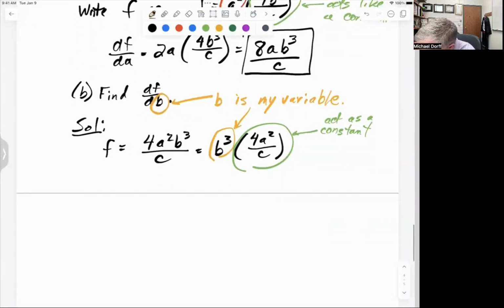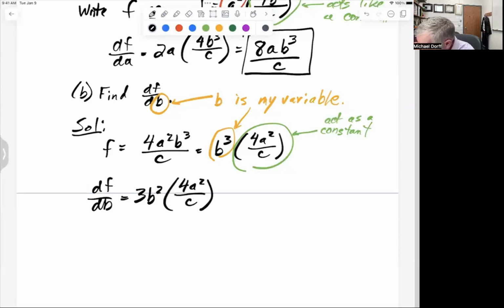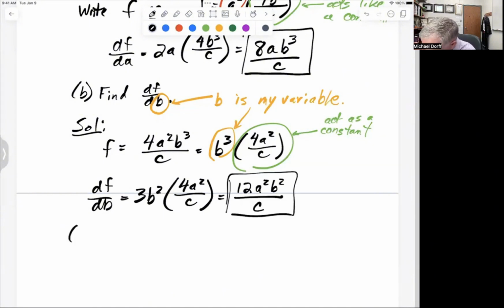So when I figure out df/db, I take the derivative of b cubed, which is 3b squared, and I keep what's in green inside the parentheses as a constant. Don't change it. Then to make it look more like what I started with, I multiply the 3 times the 4 and get 12. Then I have a squared b squared in the numerator all over c. And that's my answer.